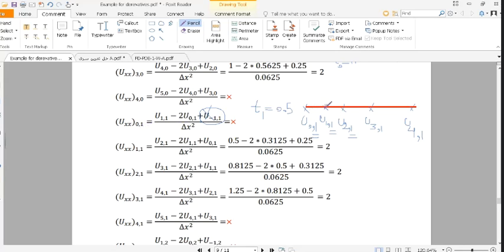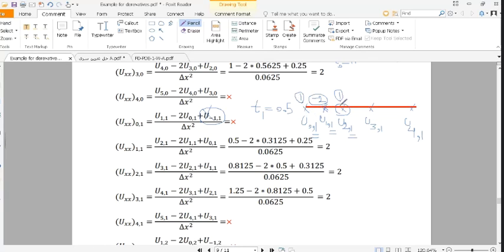For the next point, U1 and 1, we should use U2 and 1 with coefficient 1, U1 and 1 with coefficient -2, and also U0 and 1 with coefficient 1.